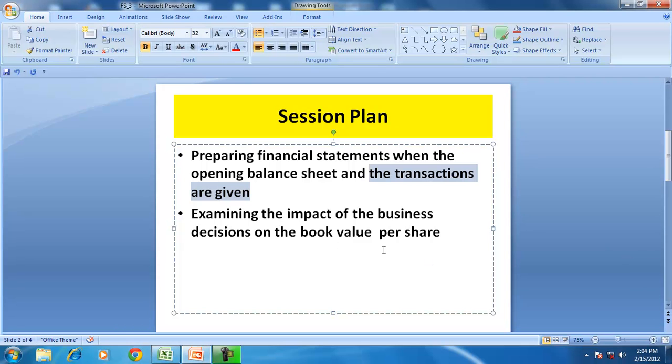So the book value per share is one of the important financial indicators which can be calculated from the balance sheet. So immediately after preparing the financial statement, we will use those transactions to understand the effect on the book value per share.